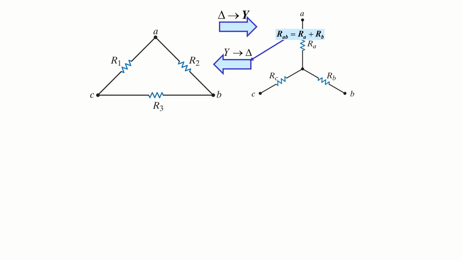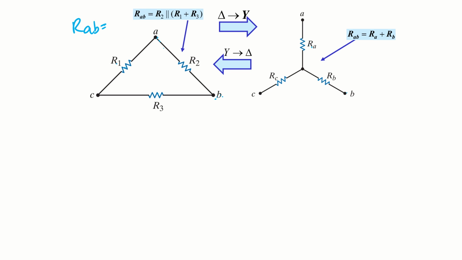The rule for the transformation is that the resistance between nodes A and B will be the same as RA plus RB. Or we can say that the resistance between nodes A and B is the combination of R1 and R3, right?